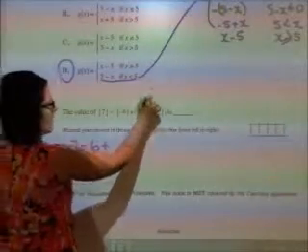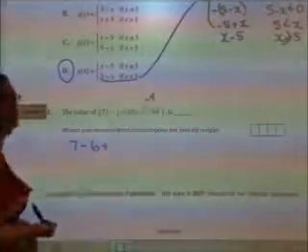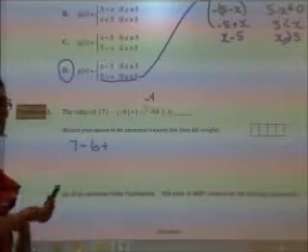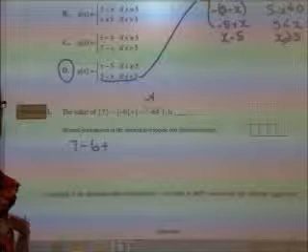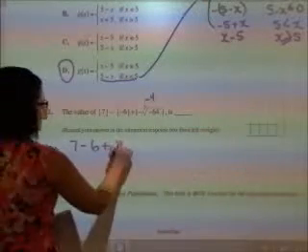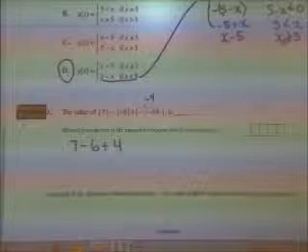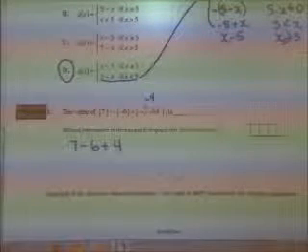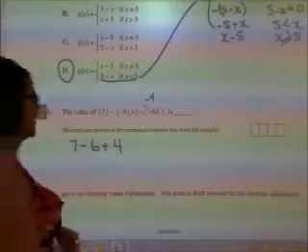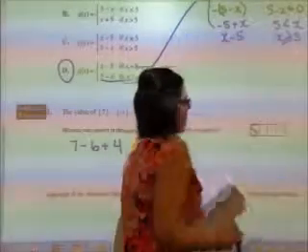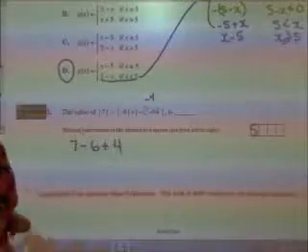Because it's negative. So a negative of a negative 4 would be a positive 4, and the absolute value of my positive 4 would be 4. So 7 minus 6 plus 4 is 5. So I'd put 5 in the first box and I'd leave the next 3 blank.